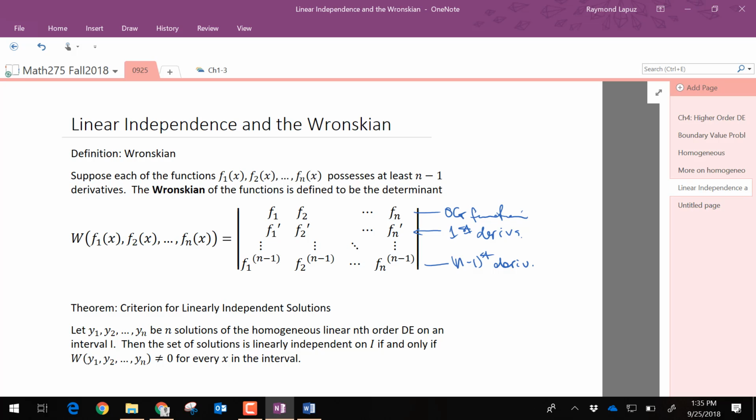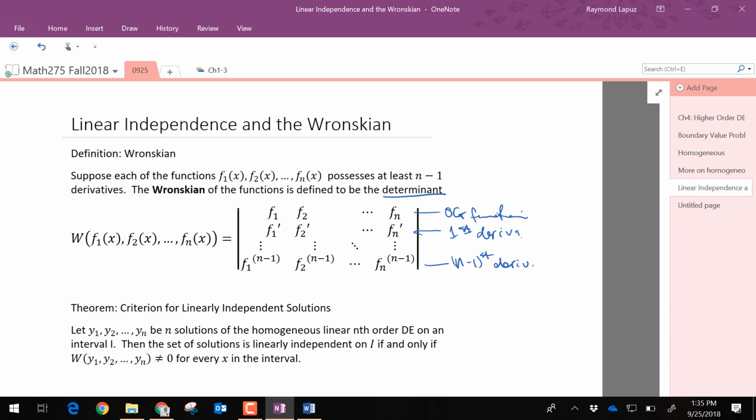And so the Wronskian is defined to be the determinant of that matrix. For us, we're just going to be dealing with 2x2 matrices and maybe a 3x3 matrix, so that we can figure out how to find the determinant of that.